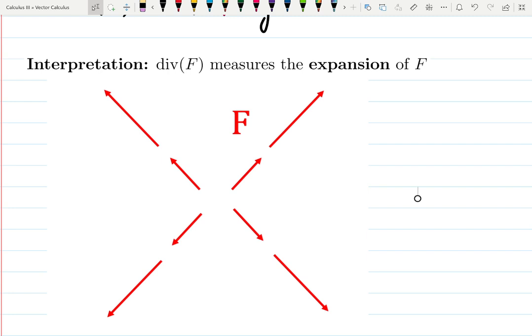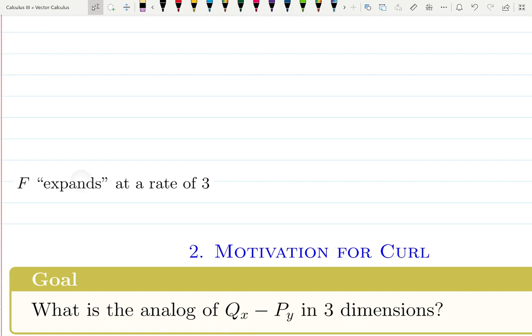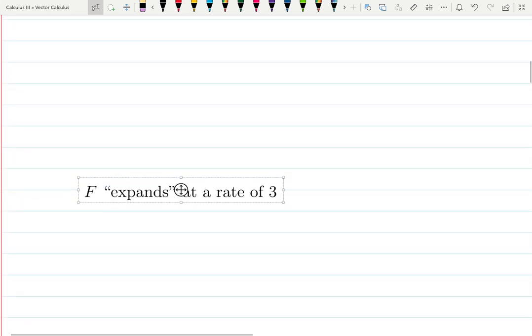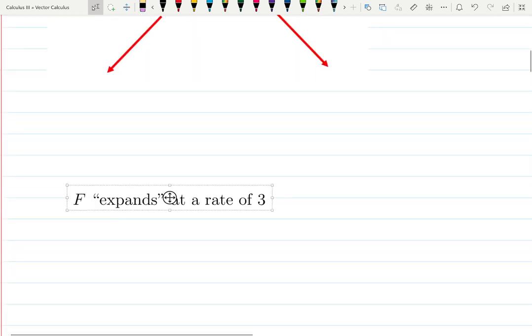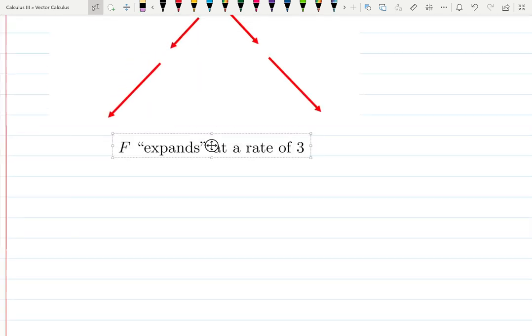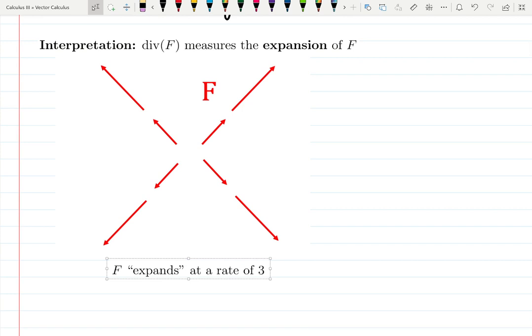So this apparently can be done with divergence. Divergence F expands at the rate 3 for this particular example.